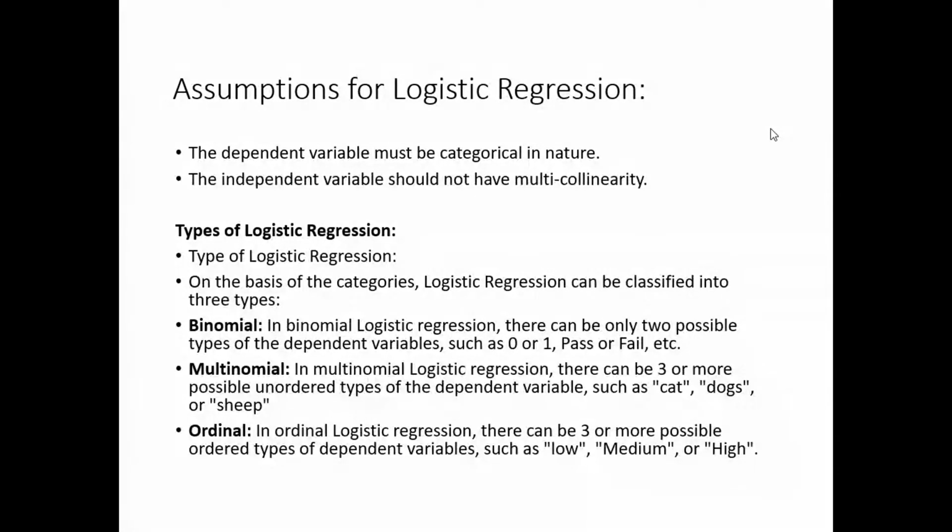And we have to see now the assumptions for logistic regression. I hope all of you have understood what logistic regression is. The dependent variable must be categorical in nature. Dependent variable and independent variables.